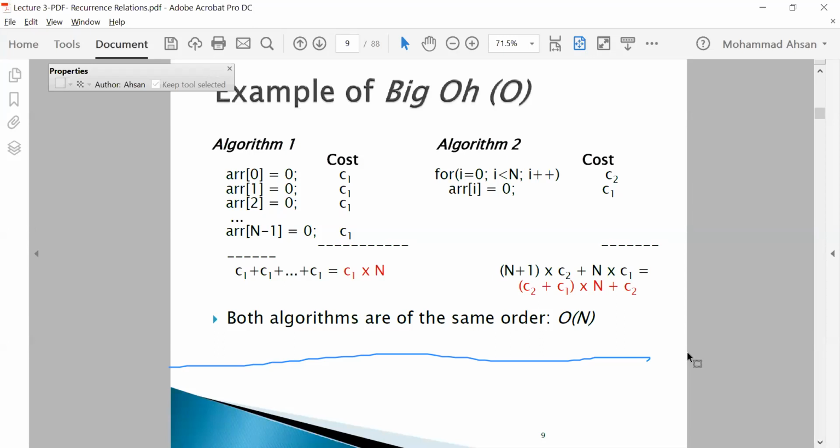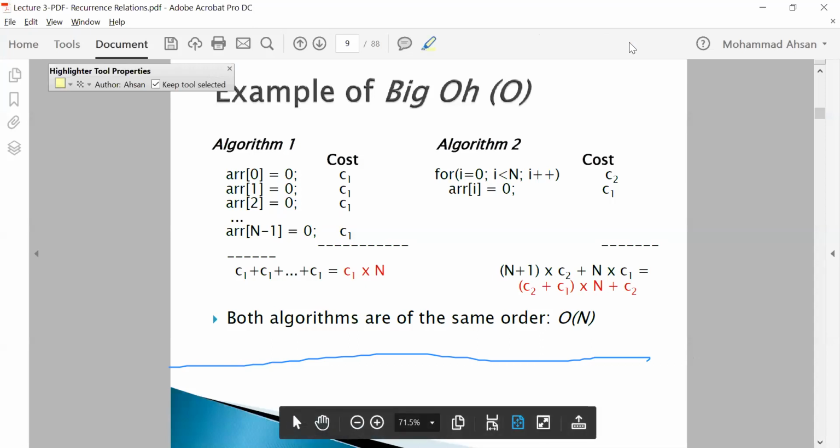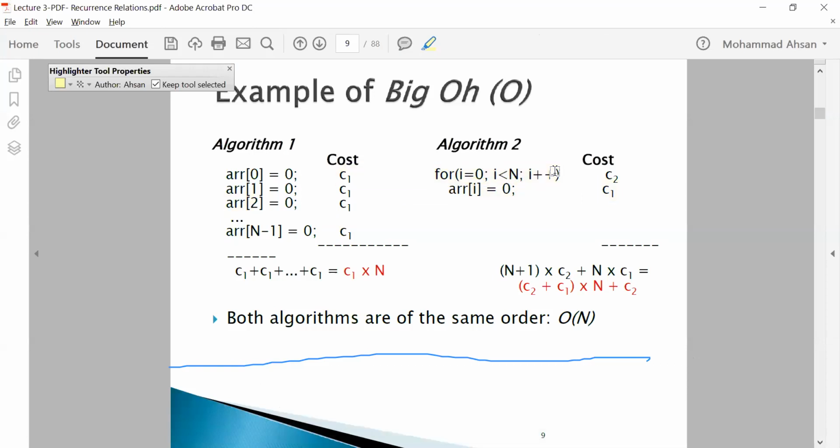So what happens in the for loop here? You have an initialization, I is equal to 0. You have a comparison, I is less than n.